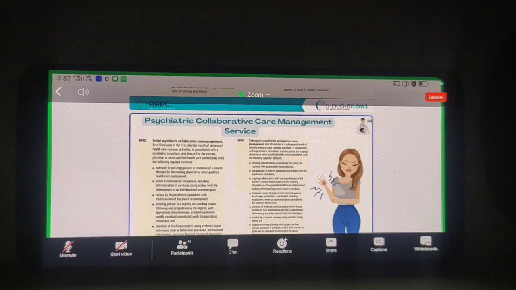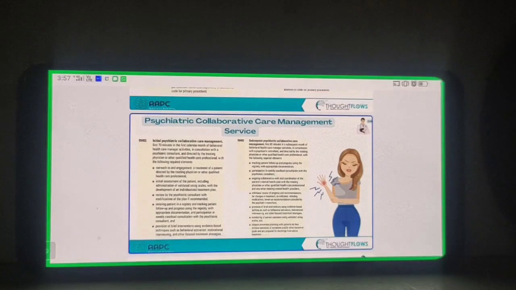Apart from these 70 and these 60 minutes, if doctors spend extra time, for that extra time we should report the corresponding add-on code 99494.